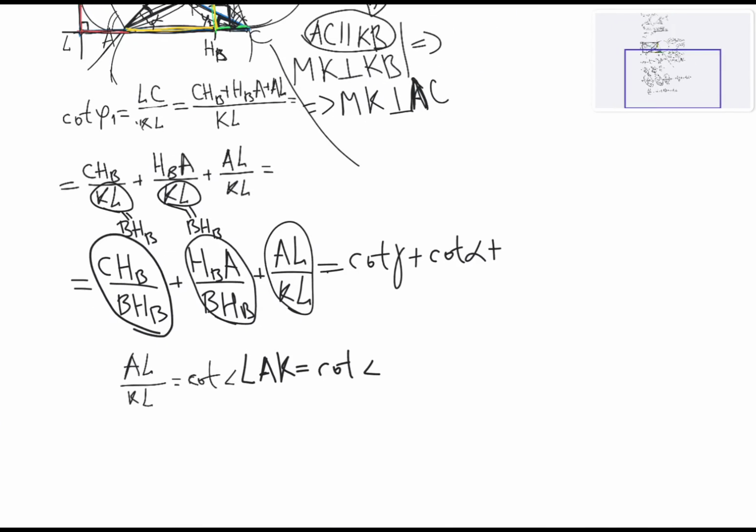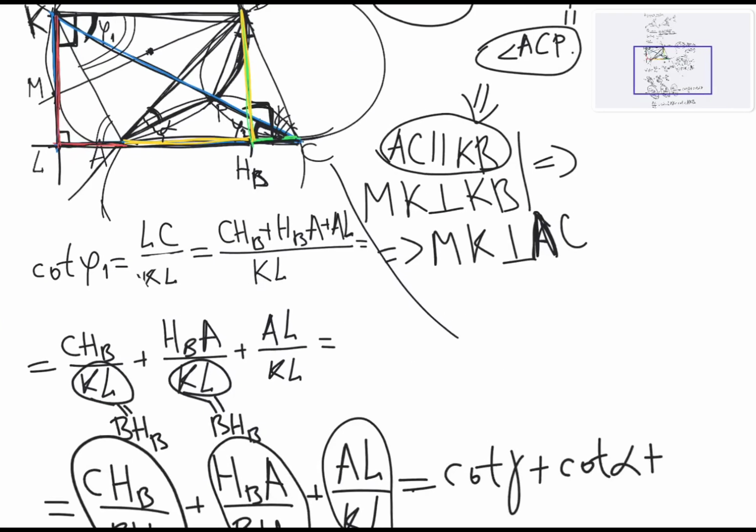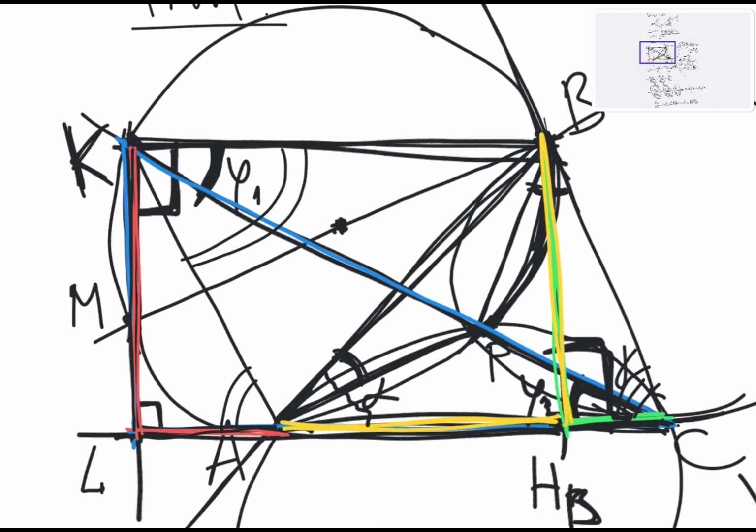So now AKB, it's an inscribed angle that subtends the arc BA in this circle, right?